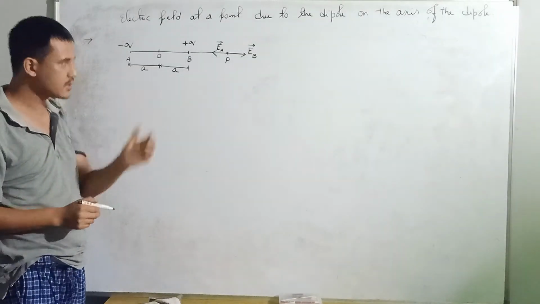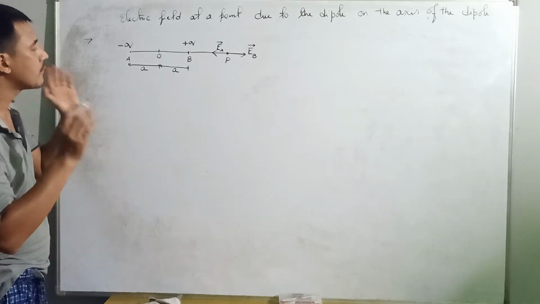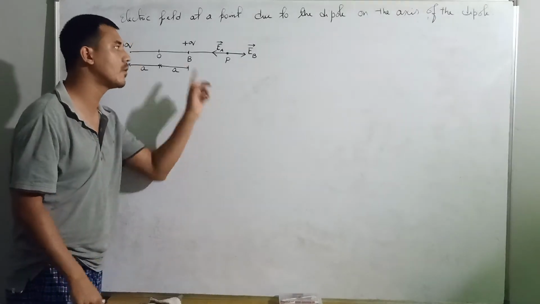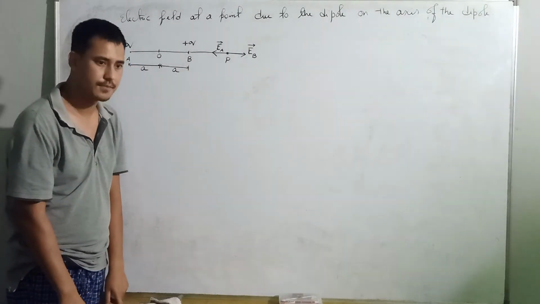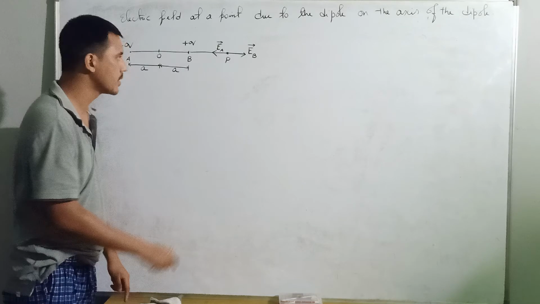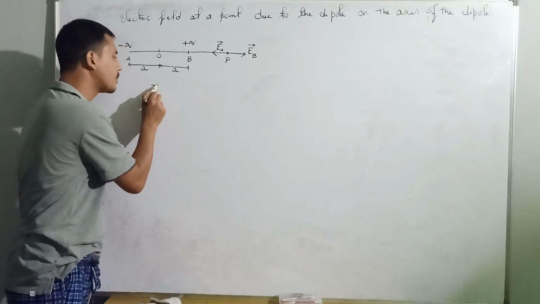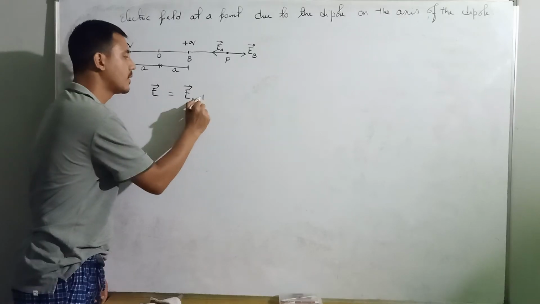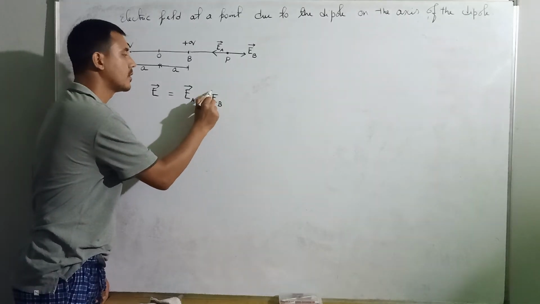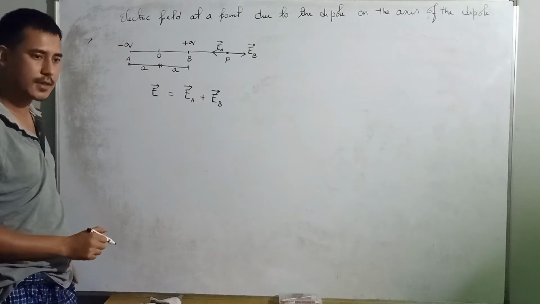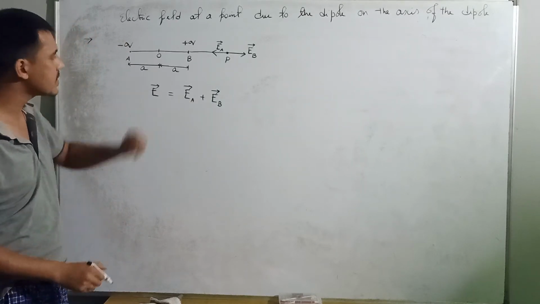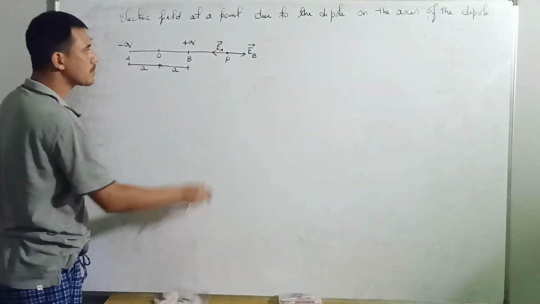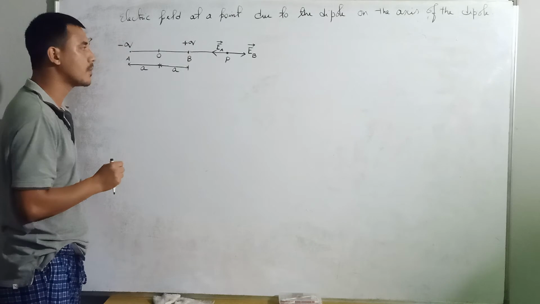So the resultant electric field at P will be the algebraic sum of EA and EB. But which one is greater? EB is greater because point P is placed very close to the positive charge.